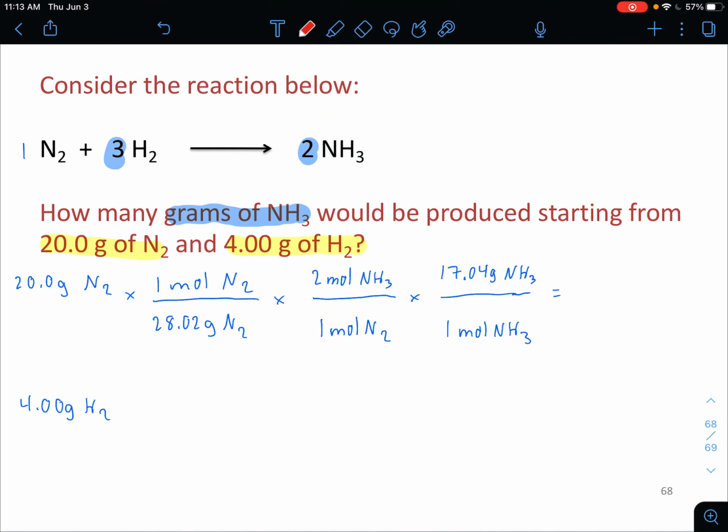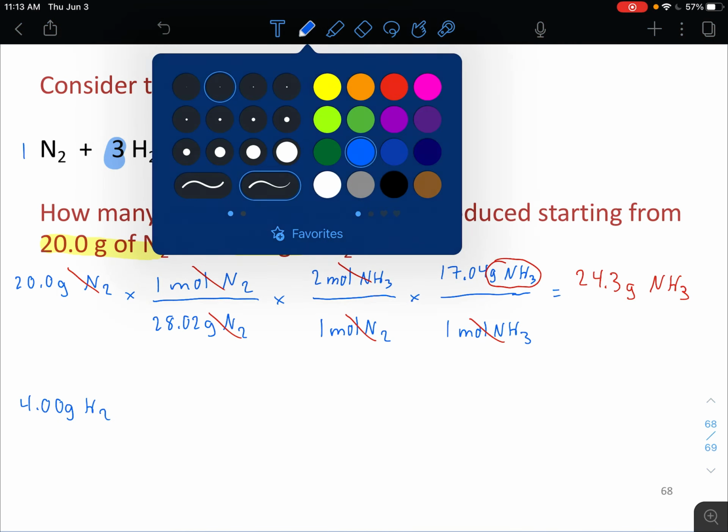Verify that things cancel appropriately. Grams of reactant, moles of reactant, moles of product. There's my correct units. Let's see what we get here. 24.3 grams of NH3. Okay, so we'll repeat the same process for the other reactant.